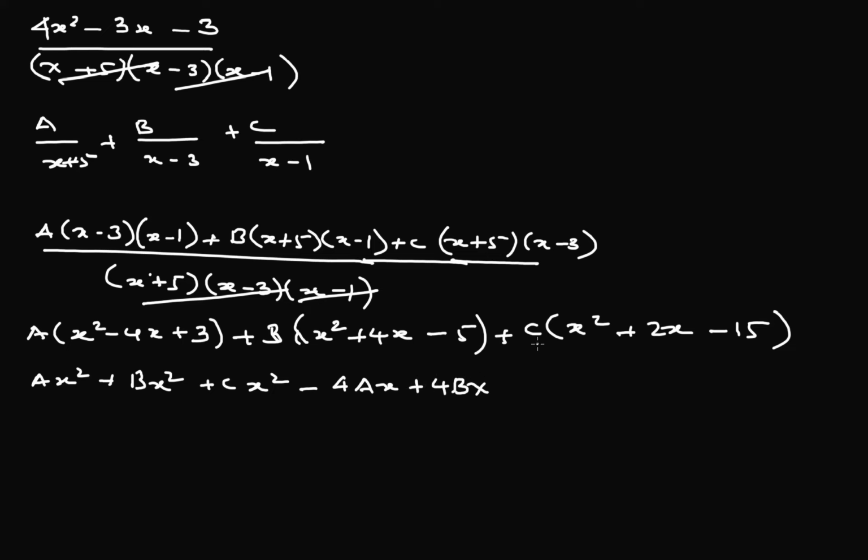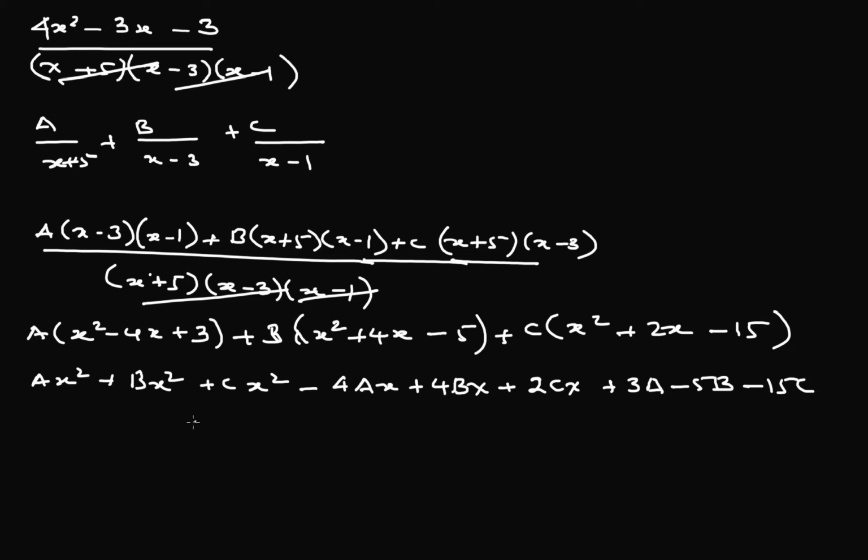And then C is going to be 2Cx. Then we have the constants. We're going to have 3A. Okay, we have 3A here. And then we have minus 5B. Then we have minus 15C.